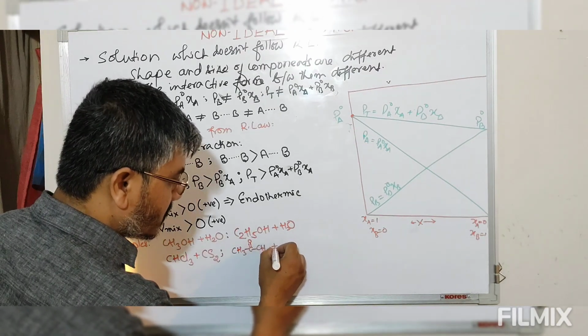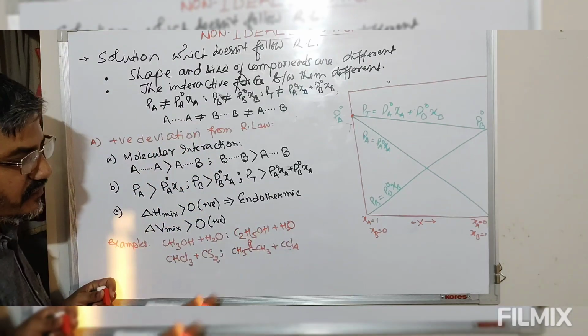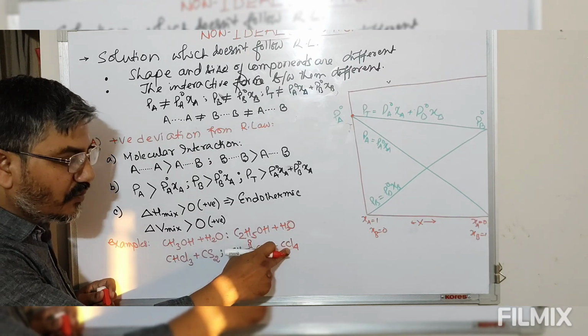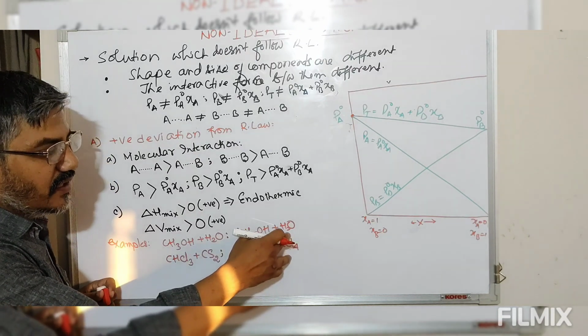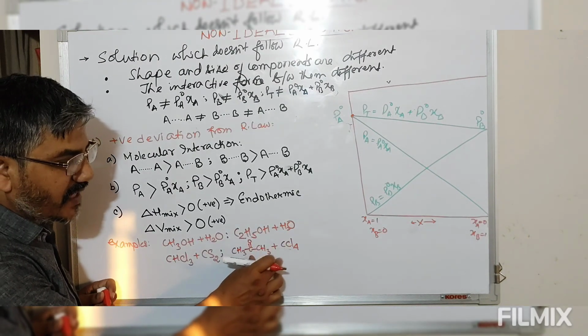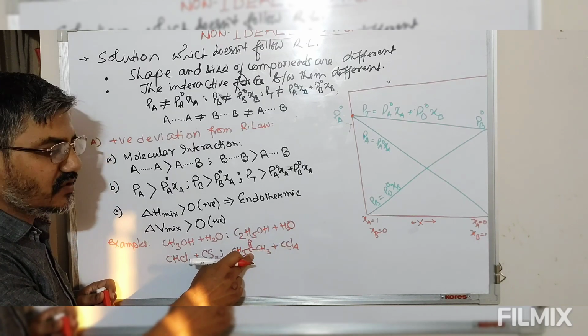Now this with carbon tetrachloride. So in case of carbon tetrachloride, the attractive force is the non-polar, that is London dispersion force. So this is dipole dipole interaction. So interaction between acetone and chloroform is weaker than the attractive force between acetone molecules.